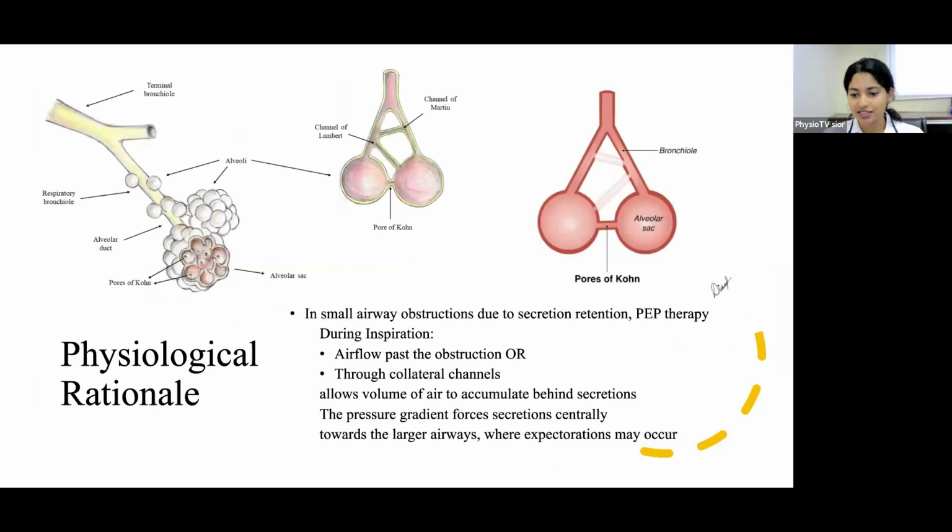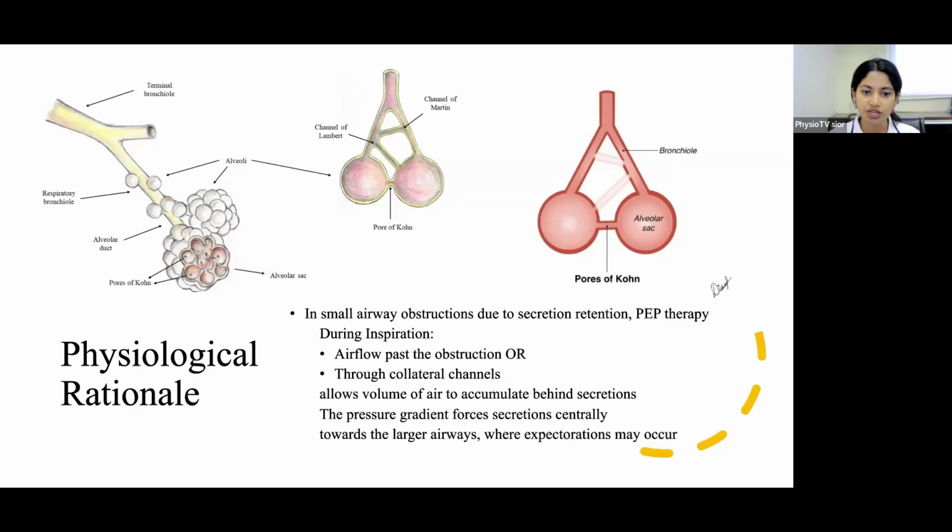So what is the rationale or what is the physiological basis on which this therapy was developed? There are two major physiological rationales based on which this therapy was developed. First is something that you see in inspiration, and the second is something that you see in expiration.